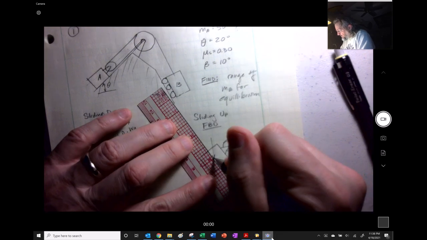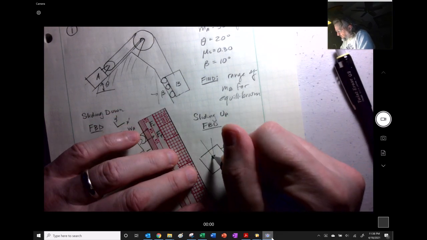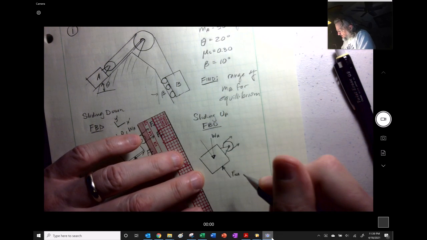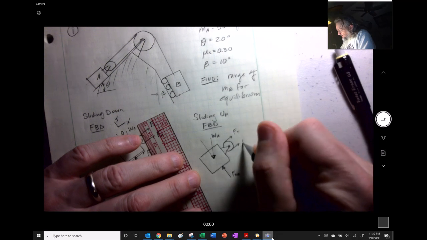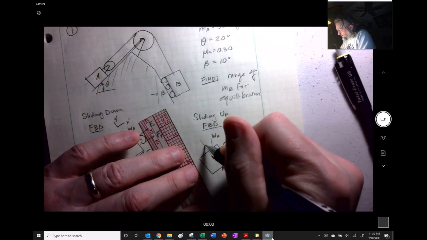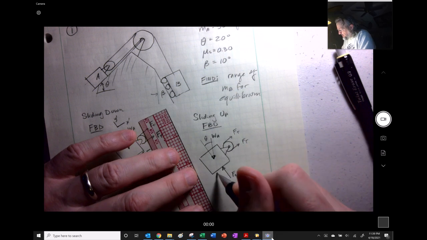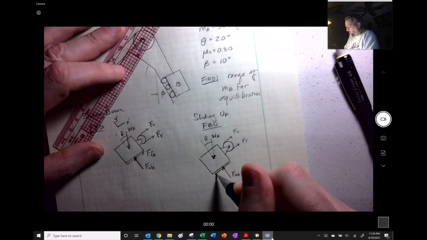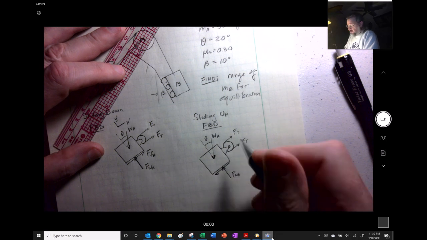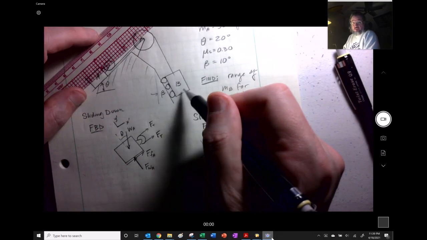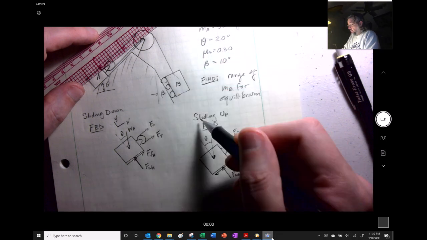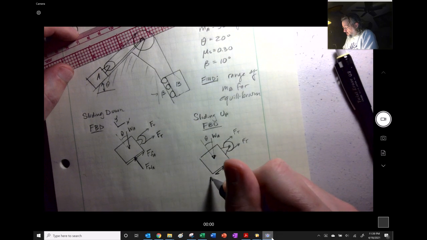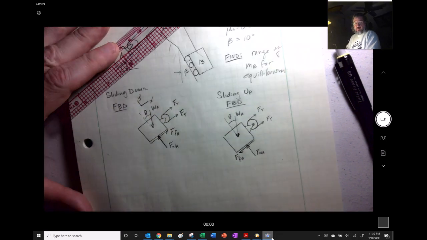Here's the weight, and I'll put the arrowhead on the weight better. Weight A, F_NA, F_T, and here's theta, and here is my friction force. But in this case it's coming this way, because now it's trying to slide up since this thing weighs so much. It's pulling downwards, which is pulling this up. So there's my F_FA right in here.